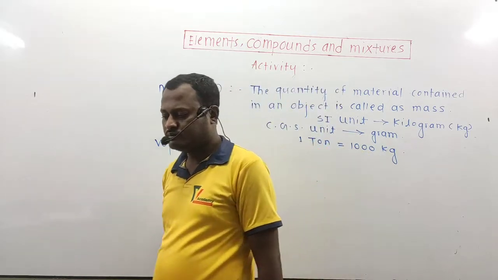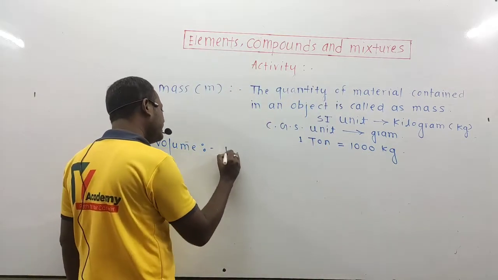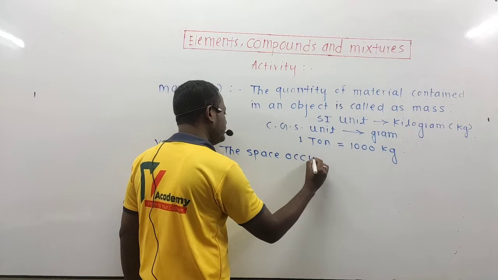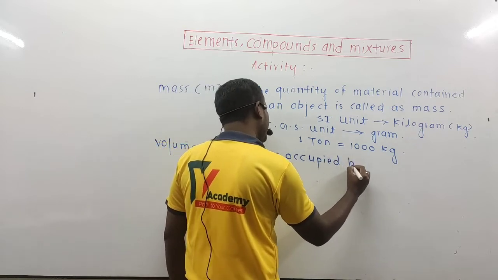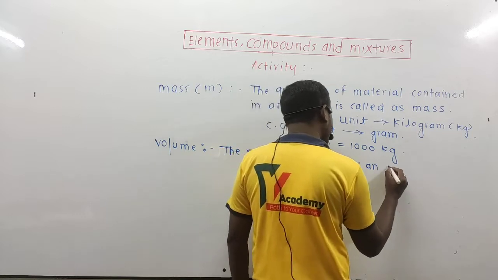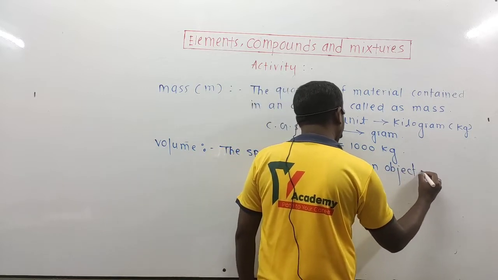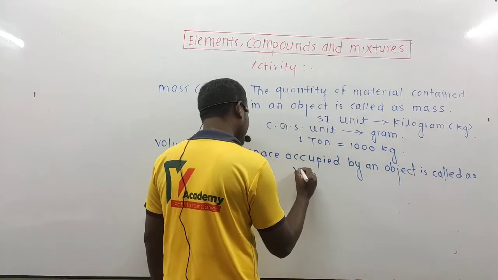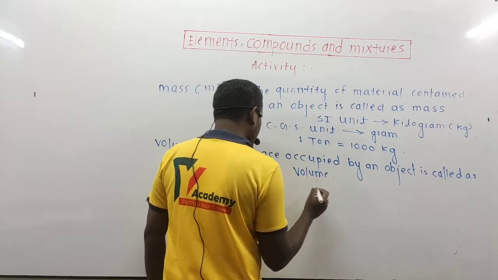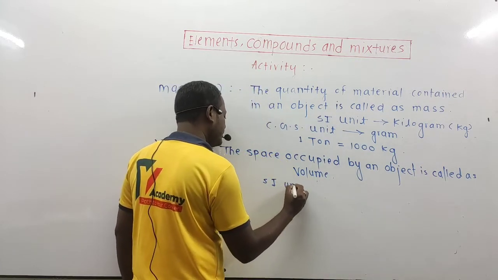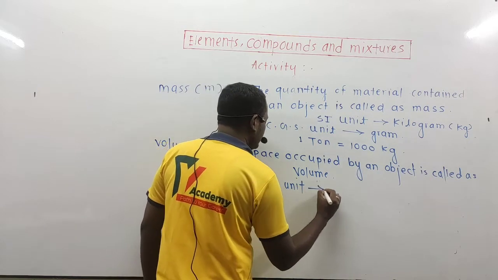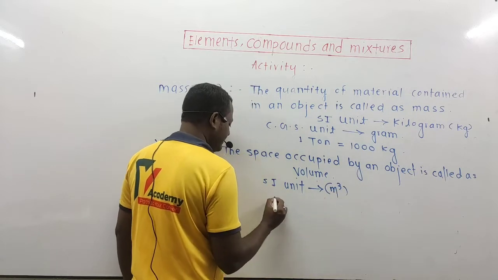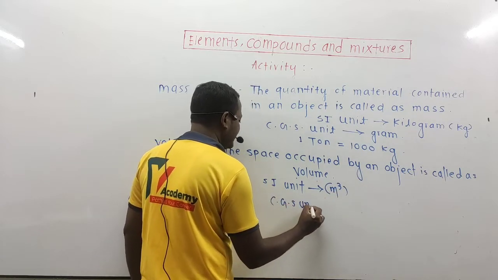The SI unit of volume is meter cube, that is cubic meter, and the CGS unit of volume is centimeter cube.